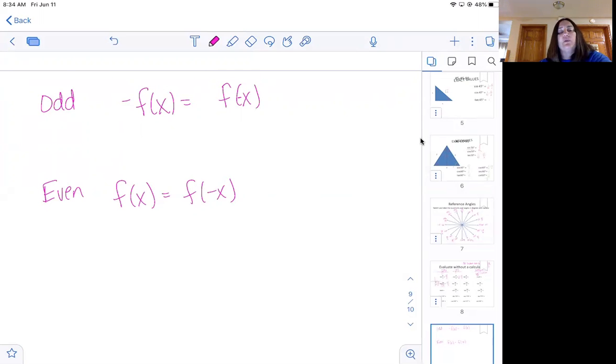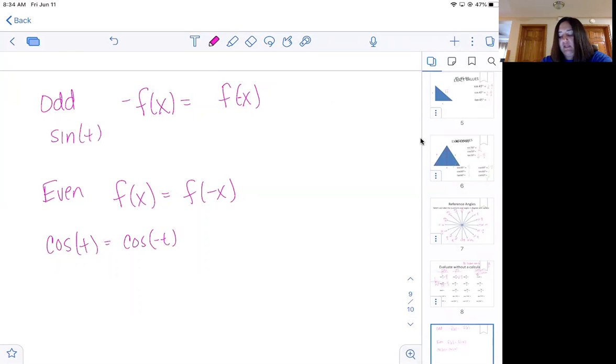And it kind of works that way with trig functions as well. So with your trig functions, cosine is considered an even function. That means cosine of t equals cosine of negative t. And an odd function would be like sine.